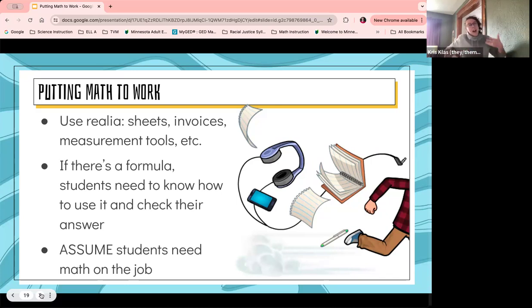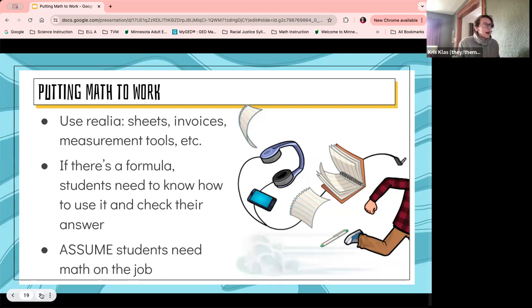And then please assume that students do need math on the job. Maybe I've already overstated my case, but even if there's not a lot of complex math in the job itself, understanding your wages and your benefits is really important math for all employees to be able to do.